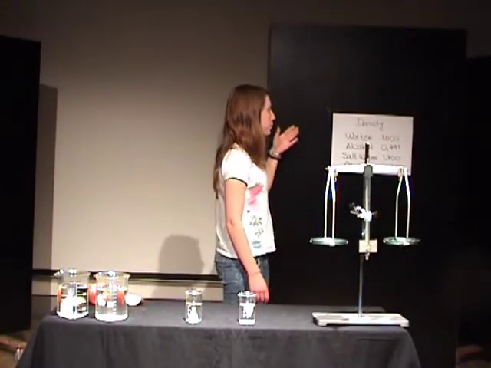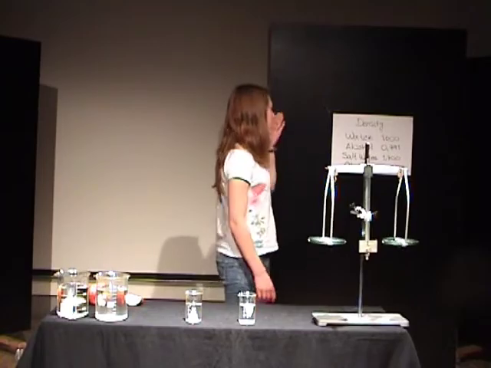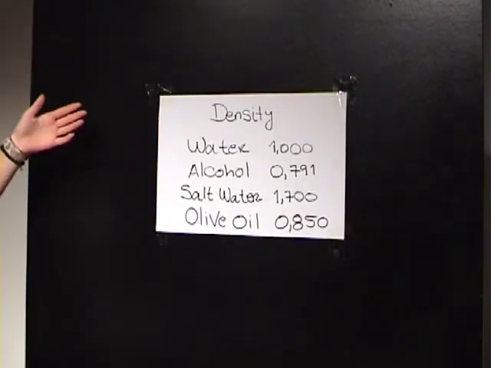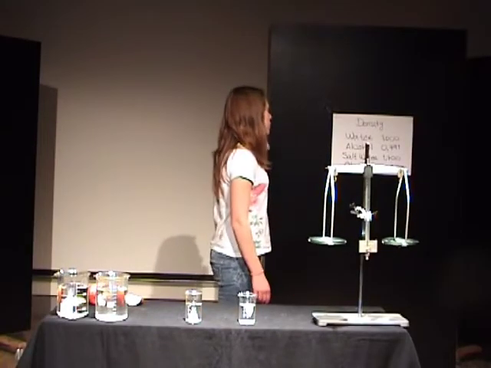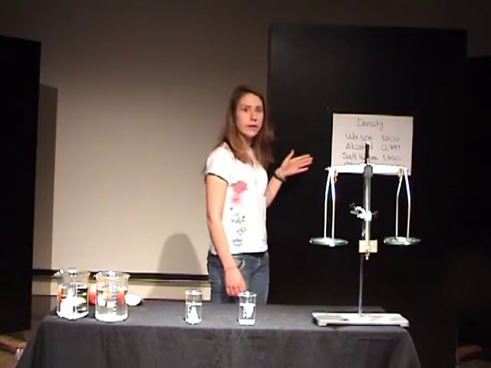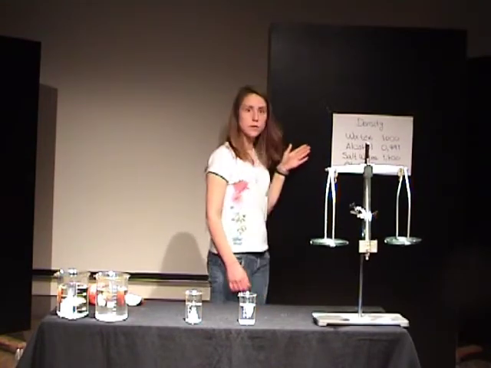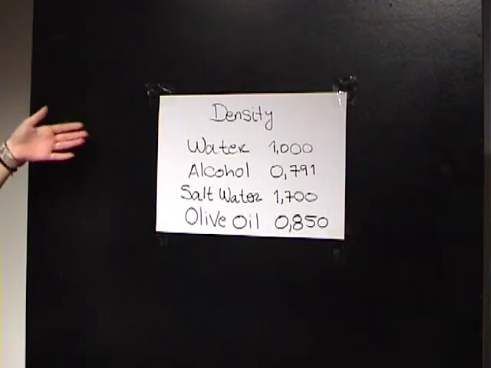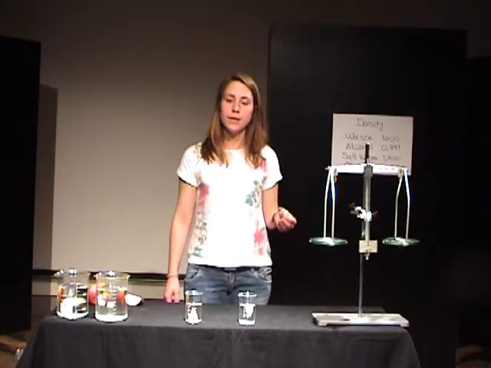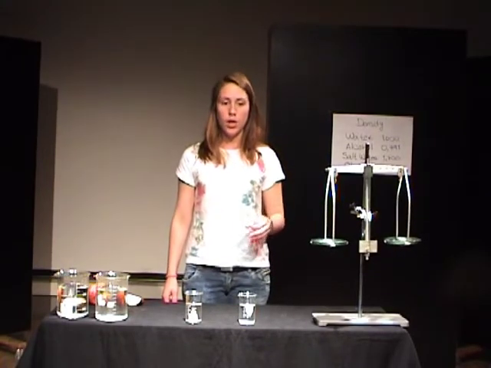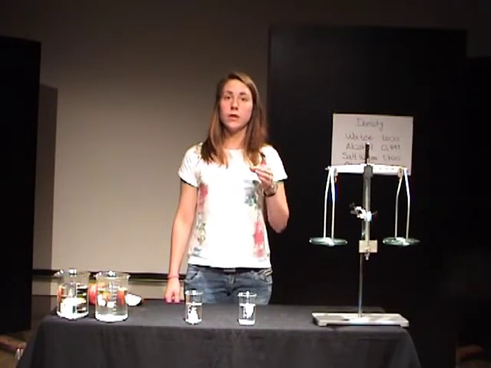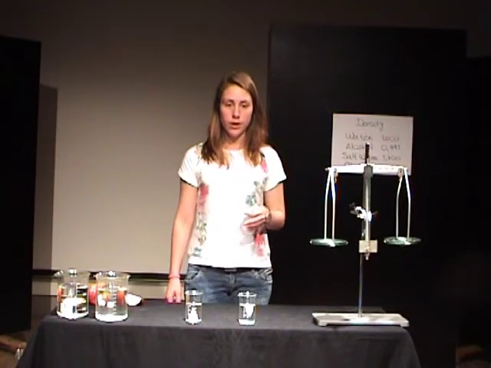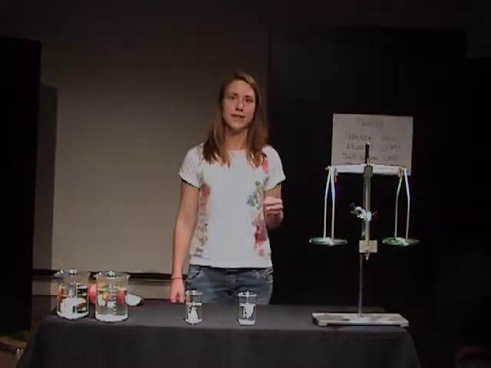The densities of the liquids are: water 1.000, alcohol 0.791 and salt water 1.700. So this experiment shows us that not only the density of the object is important, but also the density of the liquid. Thank you for your attention.